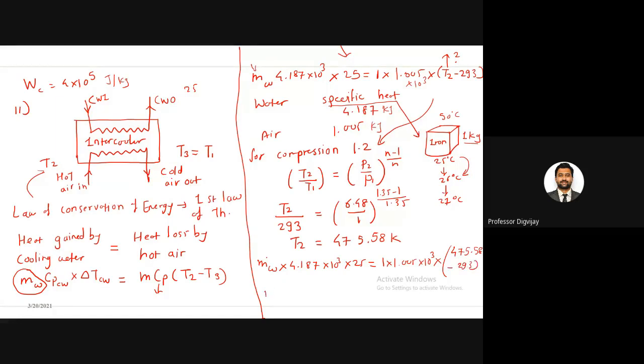So calculate this mass flow rate of water. 1.75. Okay. Others also please calculate.